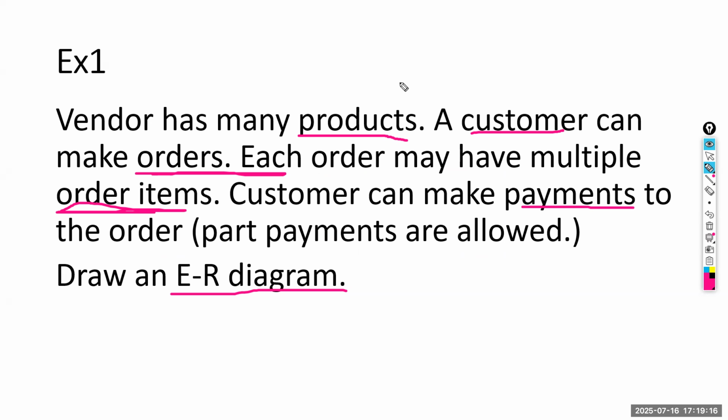So to which entity products are related, to which entity customer is related, to which entity order is related, order item related, payment related. So there will be about four, five, six relationships. But if you can identify at least two or three out of these five, six relationships correctly, that is good enough. Just use your common sense. Right? Draw the ER diagram.